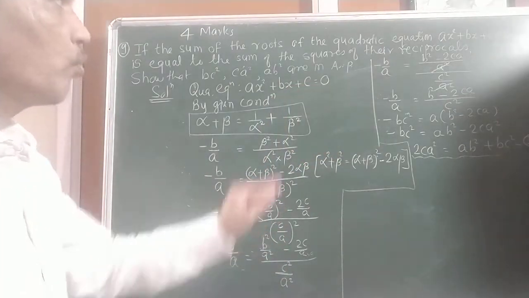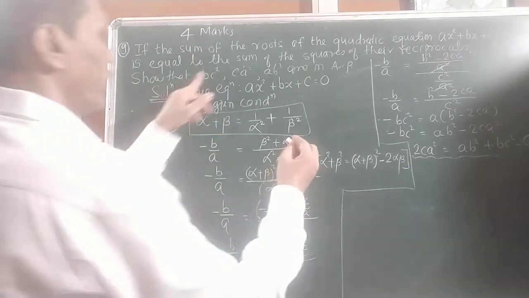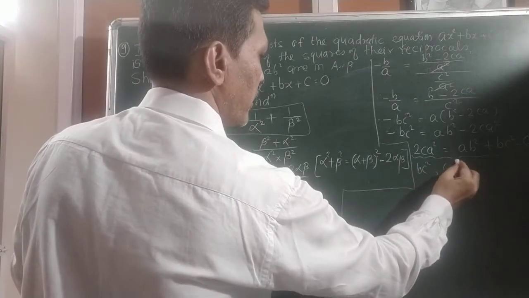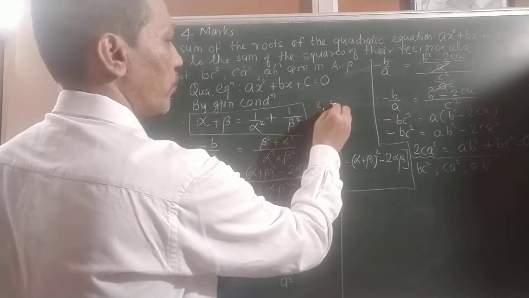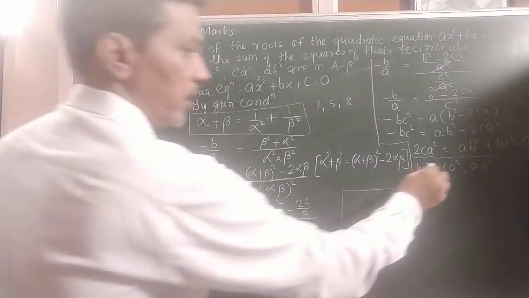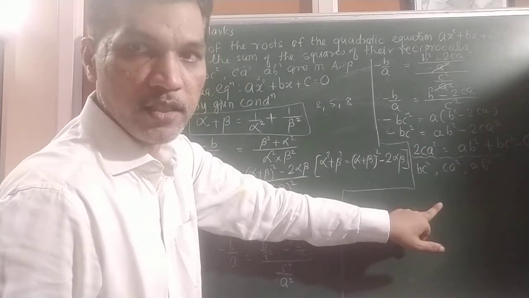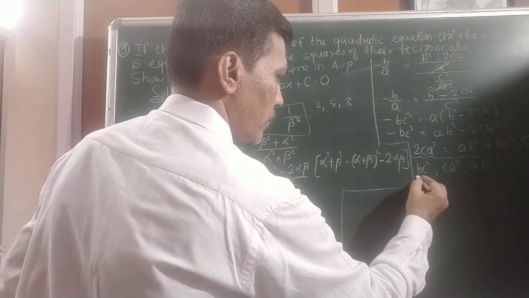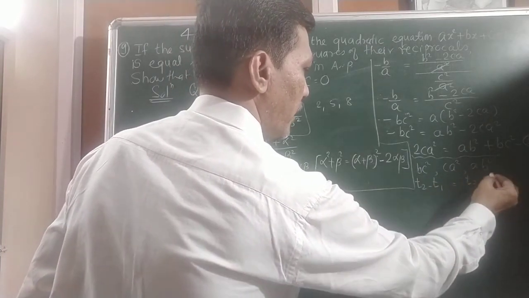We solved this. Now they say to show that they are in AP. So how can we show it is an AP? First write the 3 numbers: bc square, ca square, ab square. Assume these like numbers, for example 2, 5, 8. How can we say that it is AP? If the difference is the same. Next number minus previous number. Suppose they are in AP, then our statement and their statement should be the same. So T2 minus T1 is equal to T3 minus T2.